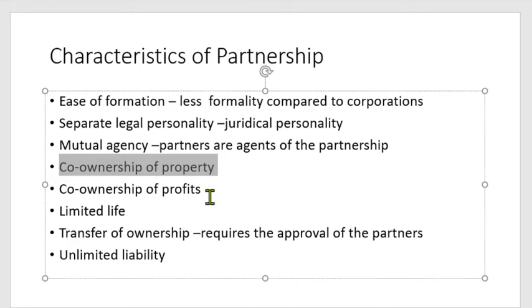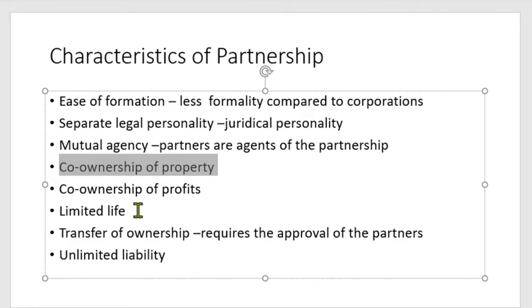So kung i-exclude mo yung isang partner or yung a number of partners in the partnership, hindi na natin mako-comply yung isa sa mga requirement before you can call it as a partnership. So the stipulation that prohibits one or more partners from receiving profits or incurring losses in the partnership is void.